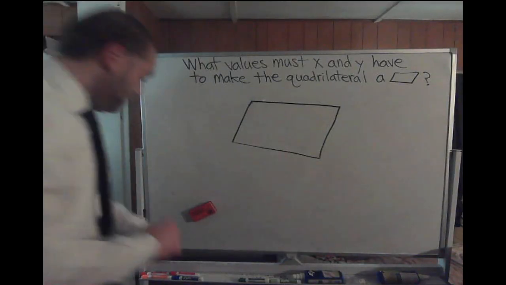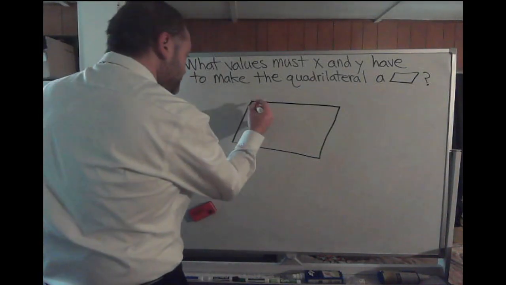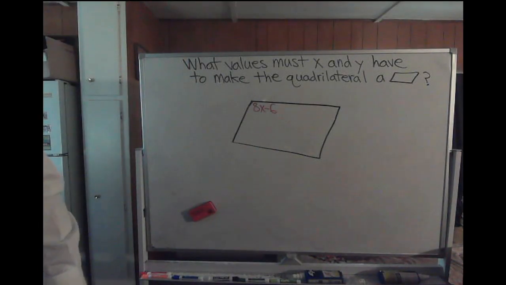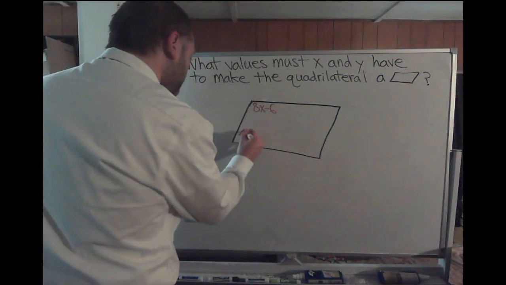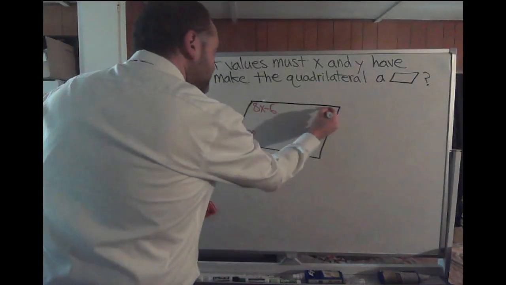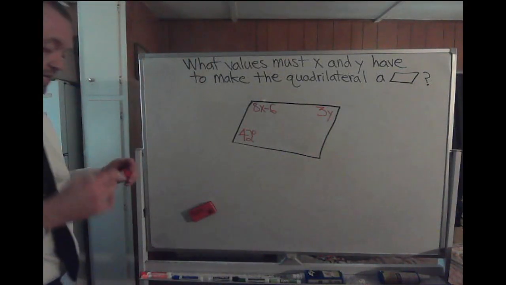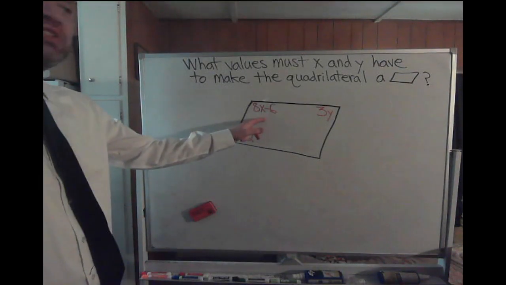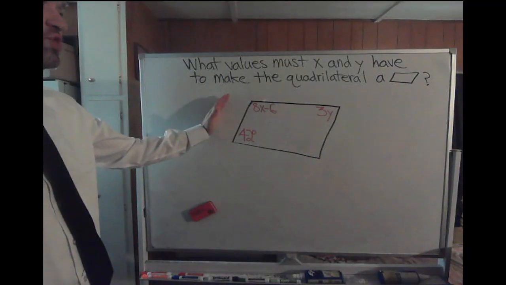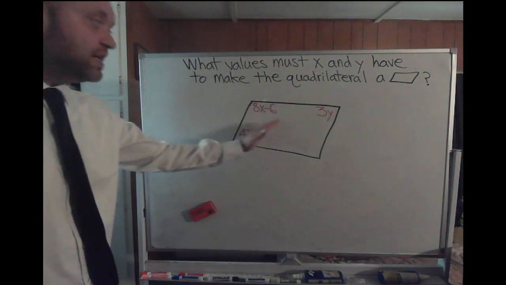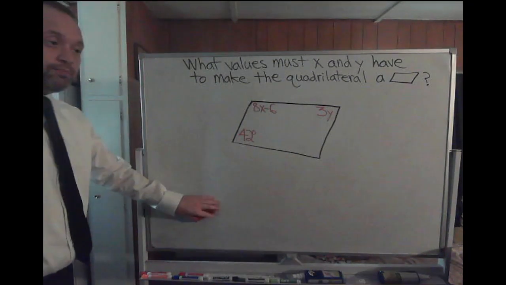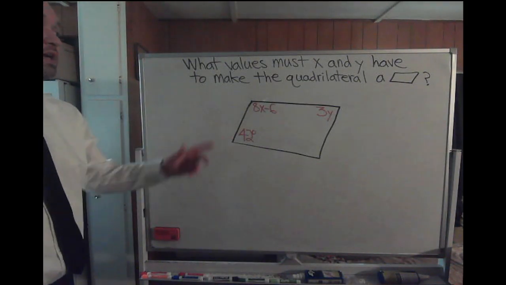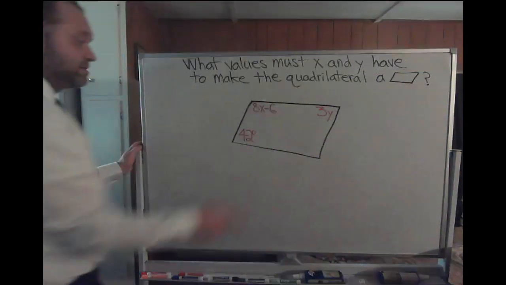We just have here, this angle is 8x minus 6. This angle here is 42 degrees. This angle here is 3y. Okay? So we need to determine what values of x and y will make this quadrilateral a parallelogram. So when you do exercises like that, you operate under the assumption that this quadrilateral is in fact a parallelogram. That's the best way to do it.